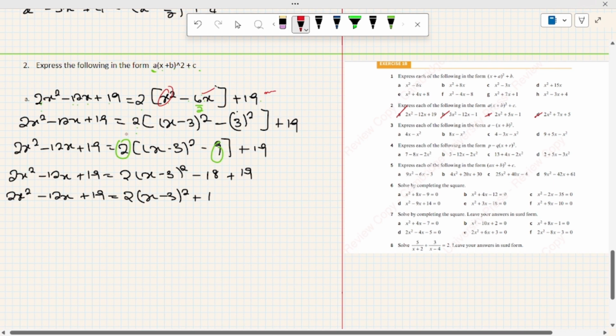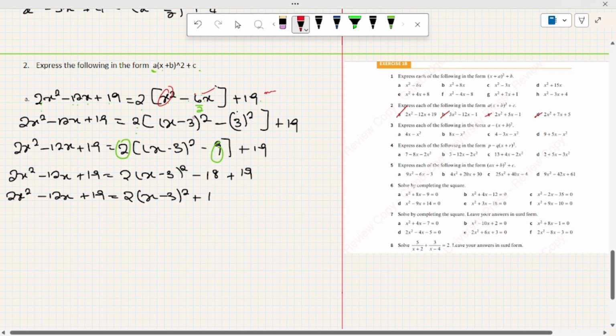And then after that you complete the square in the square bracket. How you complete the square, watch my last video, but just for the sake of this video, you're going to divide the coefficient of x, which is this one, 6x, by 2.